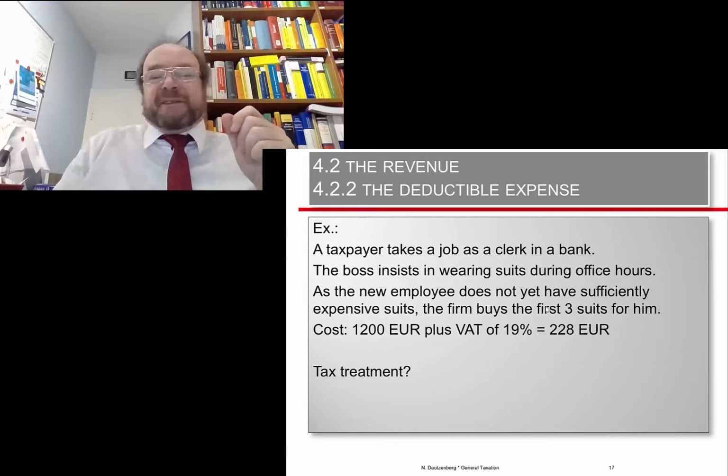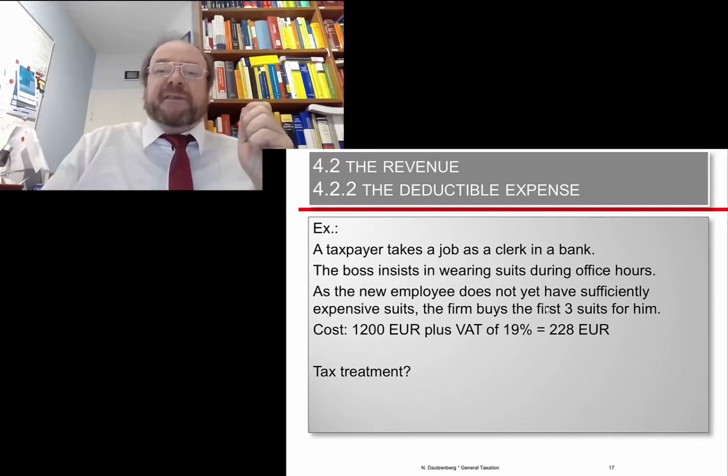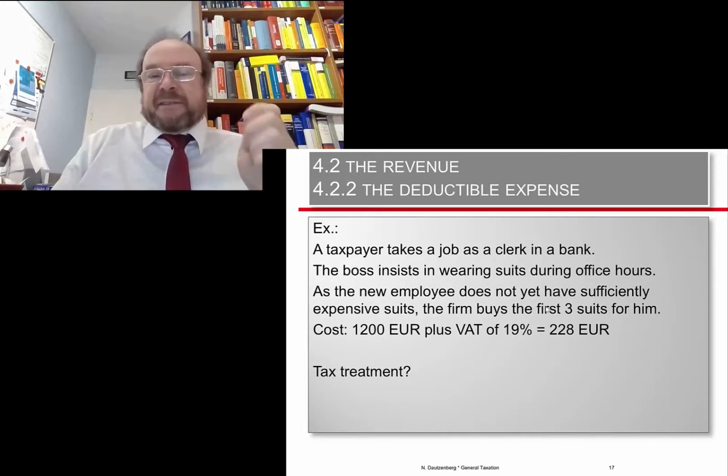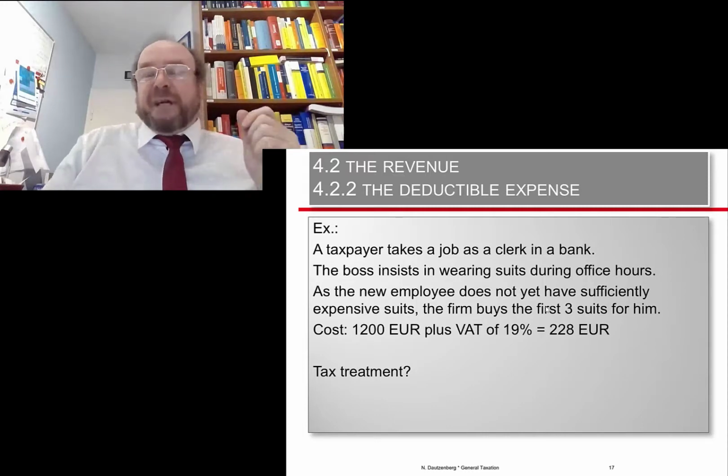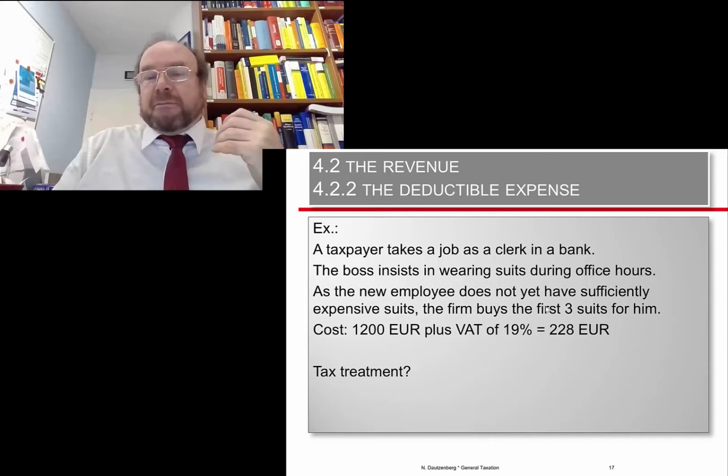Now he brings a written statement from his boss. Would that be accepted? And the answer is no. It only proves that there was a business-related motive, but it does not exclude the private consumer-related advantage. Mr. Smith could also in future wear some nice suits outside the job when going to a marriage, to a funeral, or to whatever.